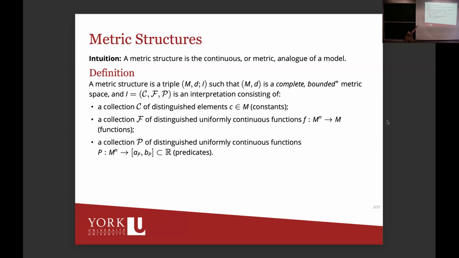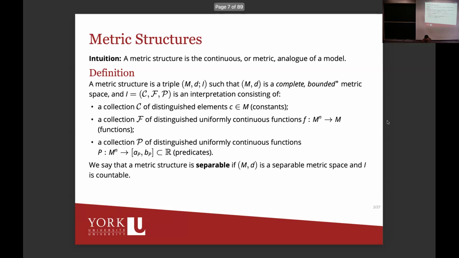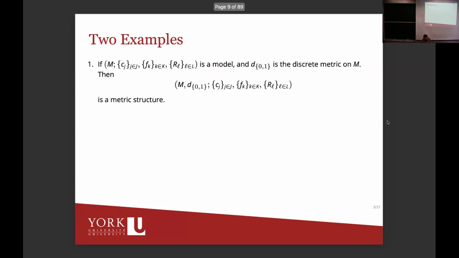I want to allow any closed interval, but always a closed interval. We say that my metric structure is separable if my metric space is separable and my interpretation is countable. You could say that in some other way, but let's keep it easy and just say I have countably many functions, predicates, and constants.